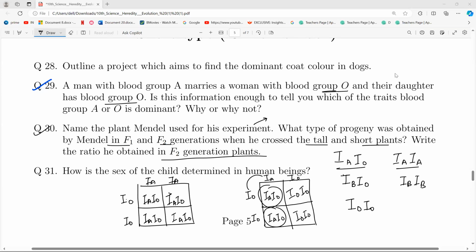So we can say that the plant is a pea plant.